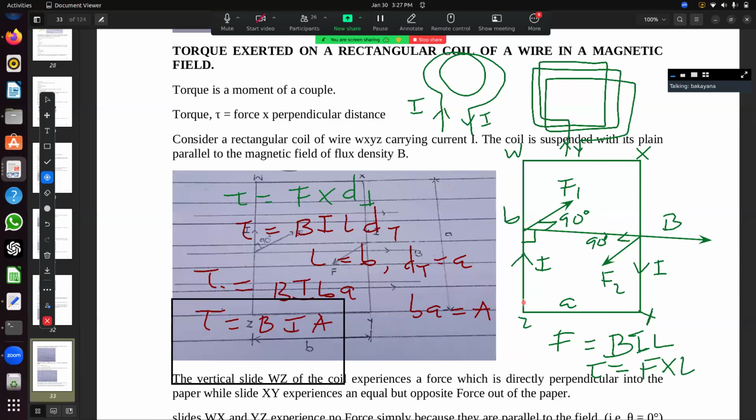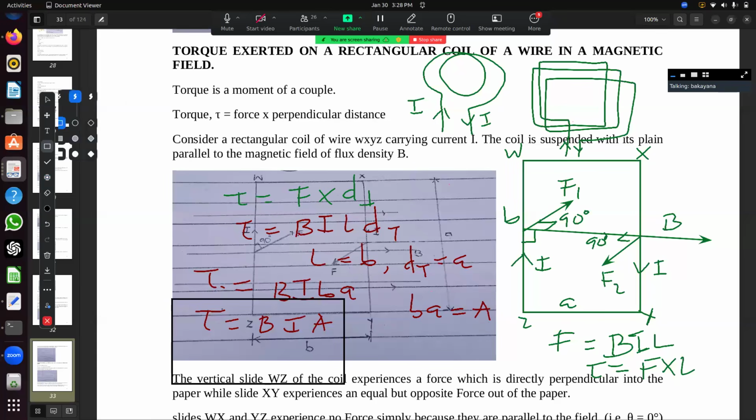Now, when current reverses direction, that force also reverses direction. It was formerly following that path, now it is coming towards me. The two forces exerted on this rectangular coil constitute a couple.